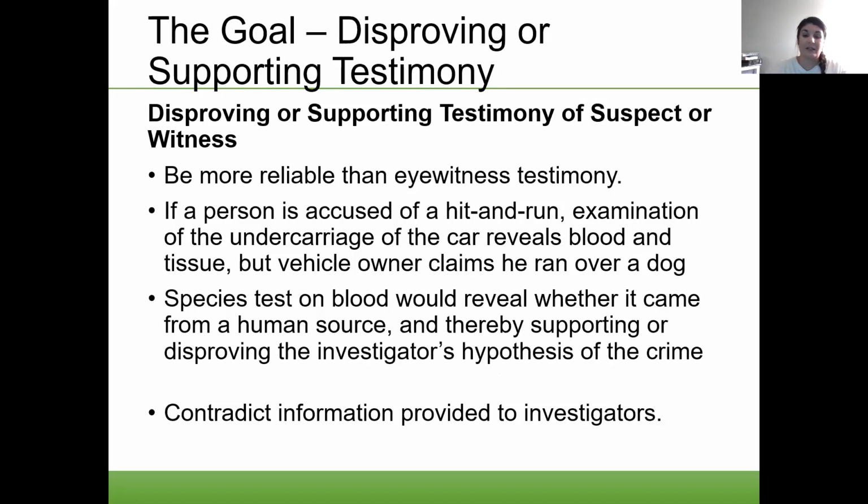So you would take samples of the blood and see if it came from a human or a dog, and therefore you can say this person didn't hit a dog, it's from a human, and this contradicts their testimony. And it could corroborate the victim's story if the blood matches the victim.